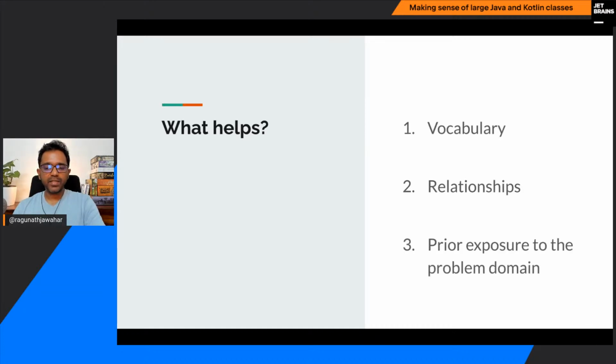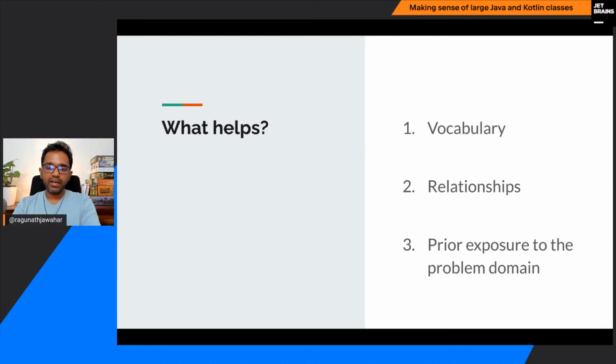The third thing is prior exposure to the problem domain. If you're working on a class or a code base, and you have prior experience, not as a developer, but even as a customer, if you've used banking applications, food delivery applications, transportation or ride hailing applications, these are domains that you're already familiar with.